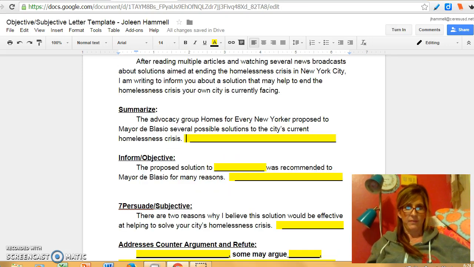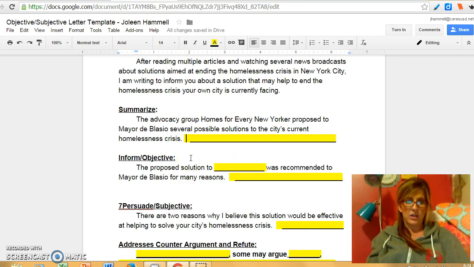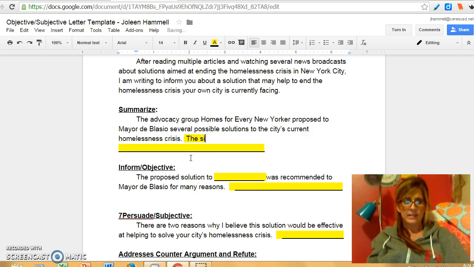So for example, if you had solution 6, you could start off by saying the 6th solution proposed. See, we can change presented to proposed to kind of change it up a little bit. The 6th solution proposed by the Homes for Every New Yorker advocacy group.